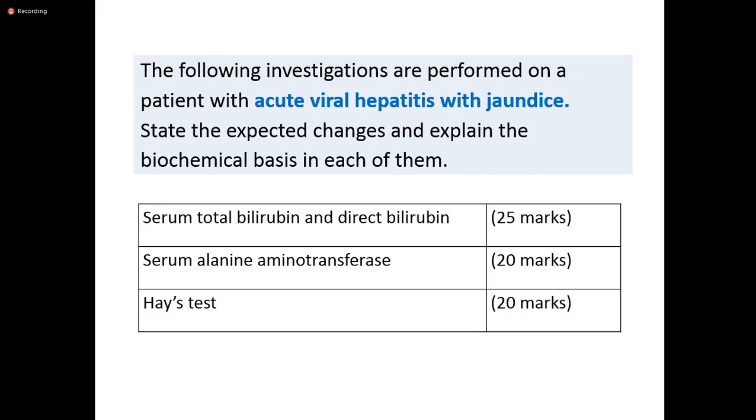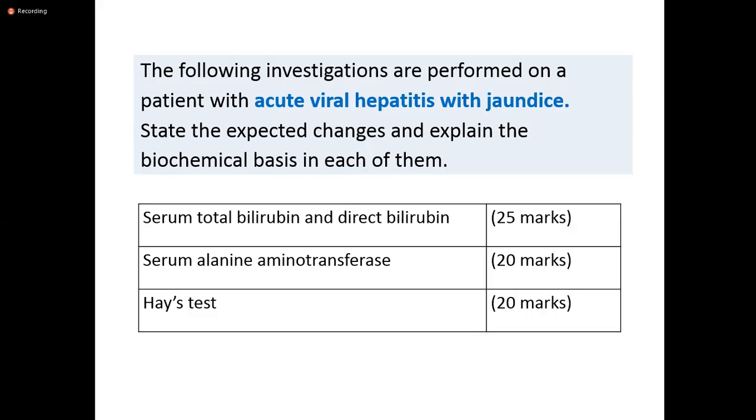Direct bilirubin concentration in serum is increased because there is also impairment in bilirubin circulation between liver and intestine. Therefore, direct bilirubin enters systemic circulation directly. Normally, conjugated bilirubin is excreted via intestine and kidneys. In this case, excretion via intestine is reduced.